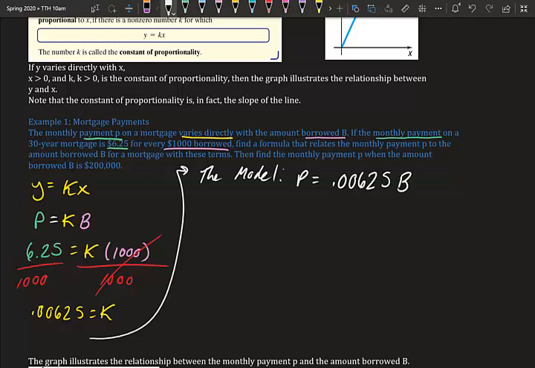So now that we have the model, we can go ahead and answer, find the monthly payment. So we need to find P when the amount borrowed is $200,000. So we have borrowed is $200,000. We need to find what that monthly payment is.